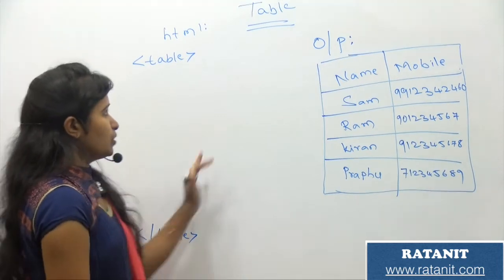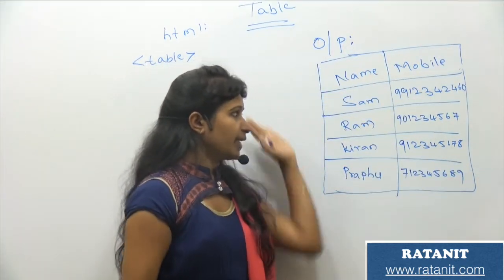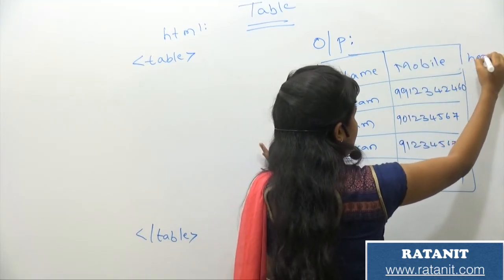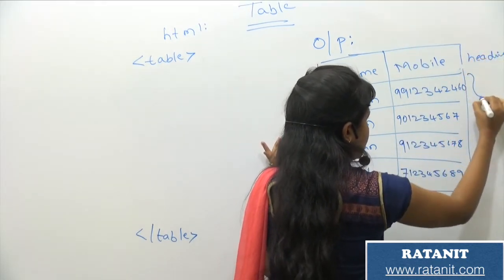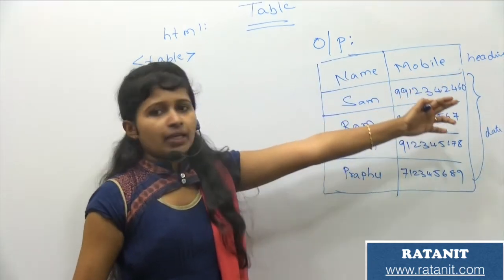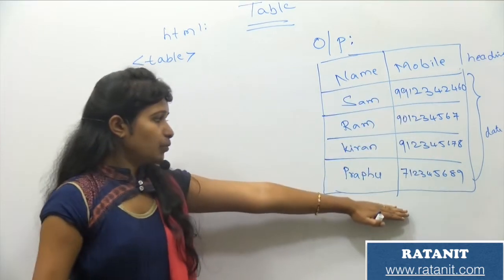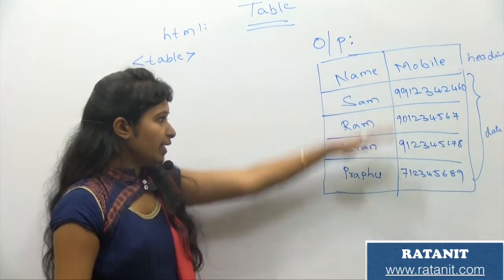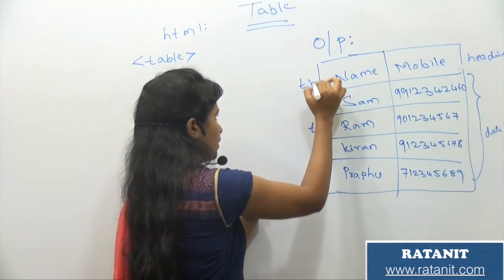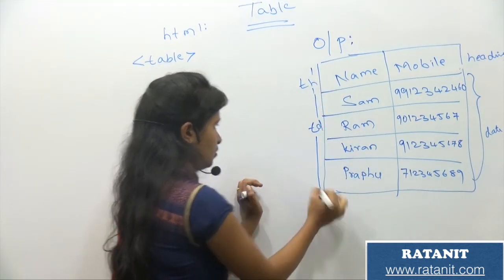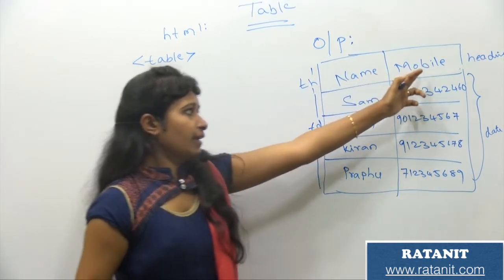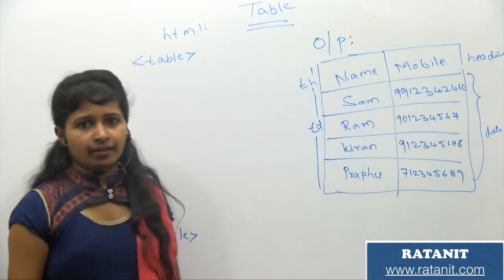First you need to know that this is my complete table, and name and mobile number are my headings and this is my data. Data I can represent in TD, heading I can represent in TH. This complete thing is the table, TH is my headings and TD is my data.